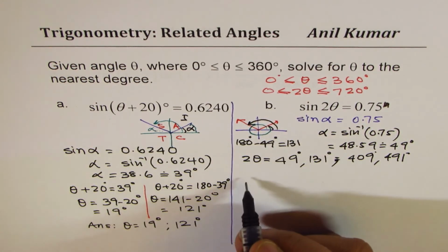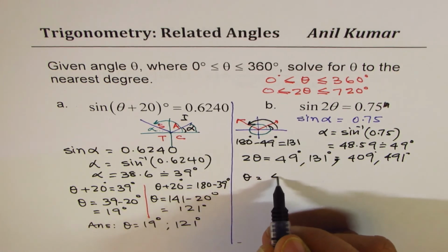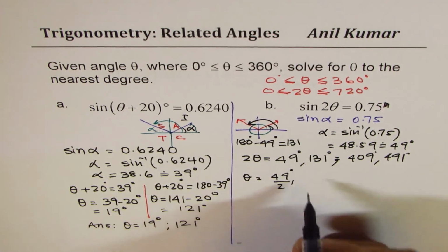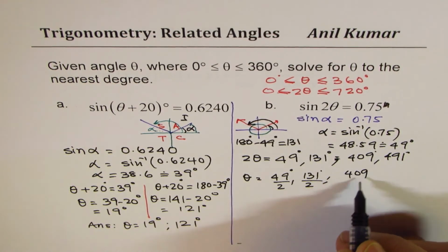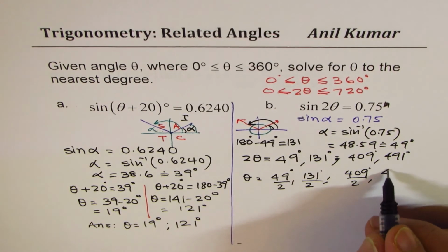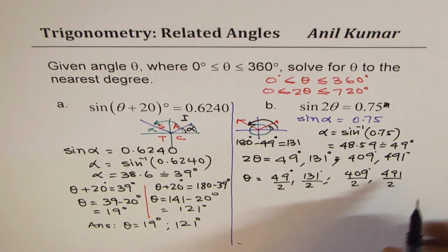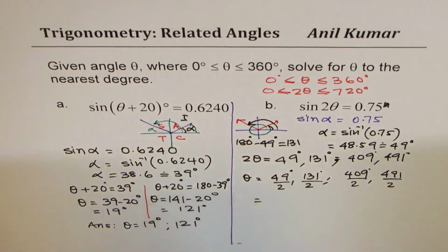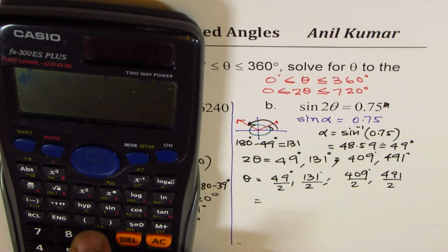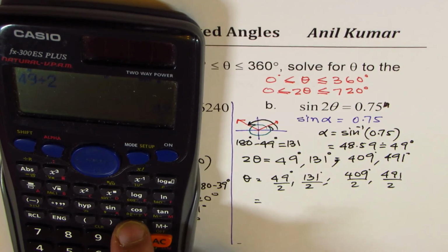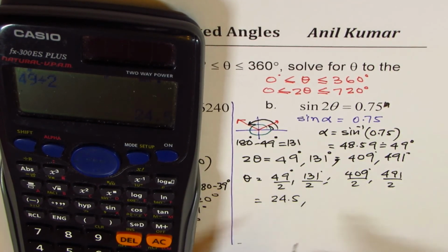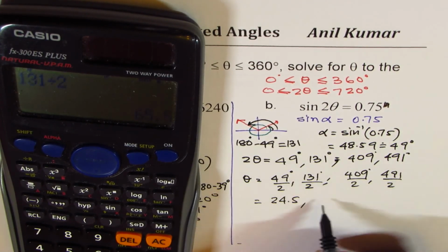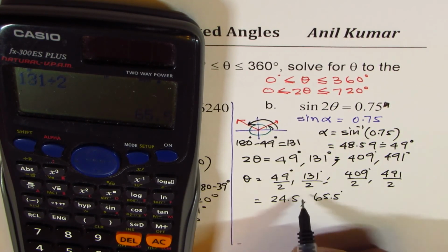Now what is theta? To find the value of theta, we just divide them by 2. So we have 49 degrees over 2, 131 degrees over 2, 409 over 2 degrees, and 491 over 2. Perfect? So 49 divided by 2 equals, in decimals, 24.5, we'll round later. Then 131 divided by 2 equals 65.5 degrees.